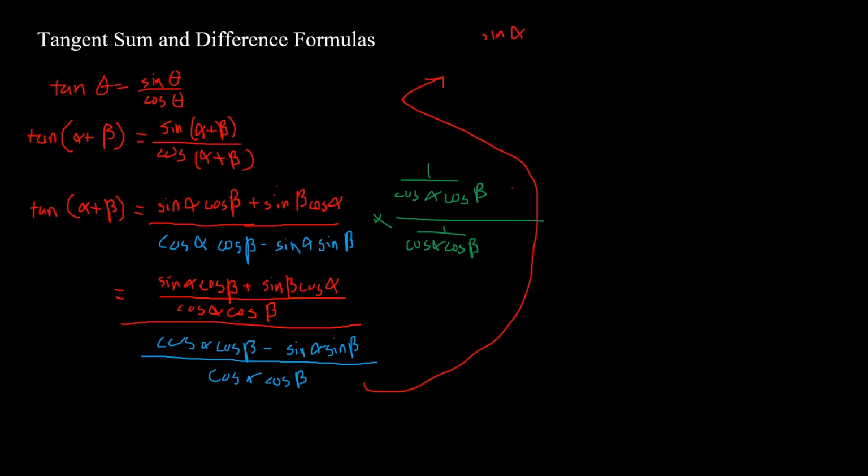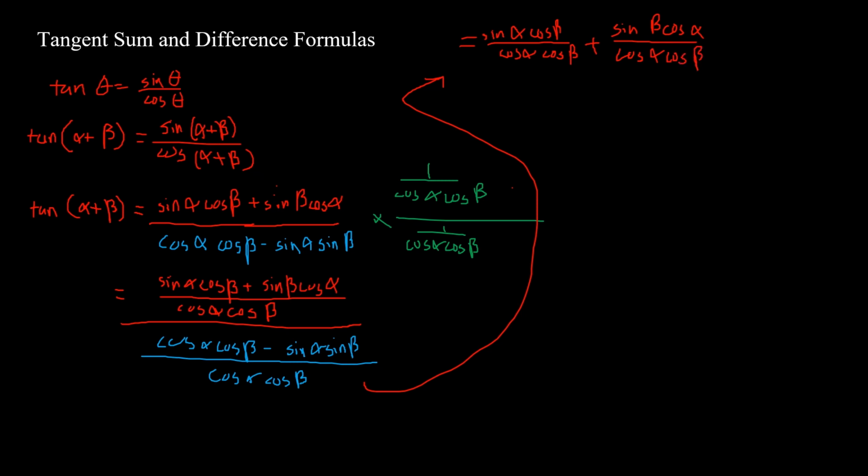We're going to get that sine alpha cosine beta over cosine alpha cosine beta plus, I forgot the equal sign, plus sine beta cosine alpha over cosine alpha cosine beta.